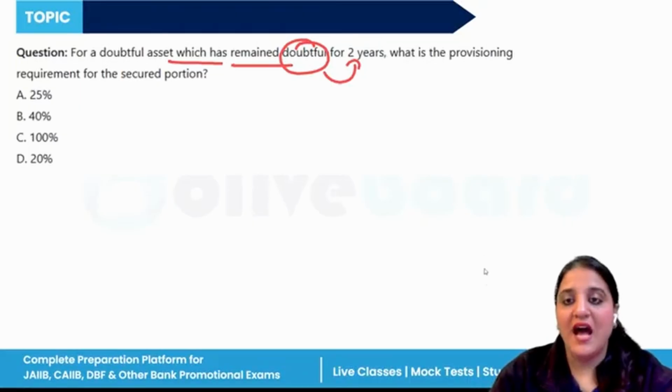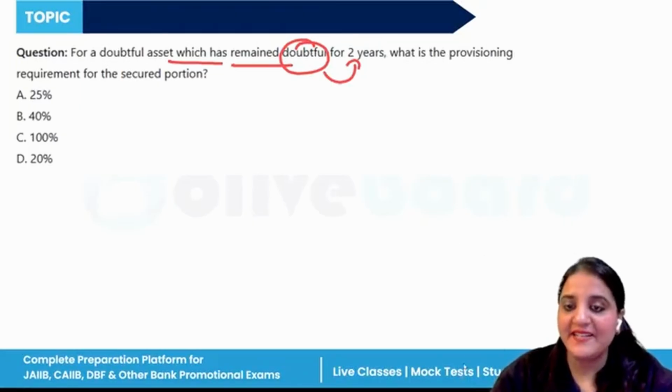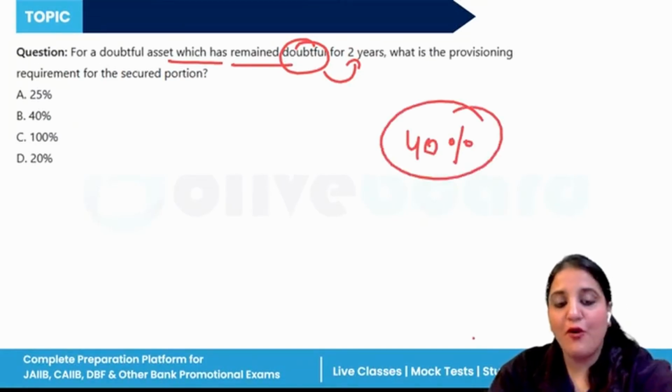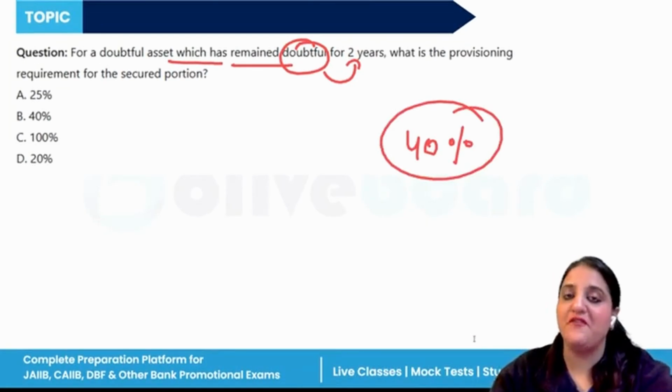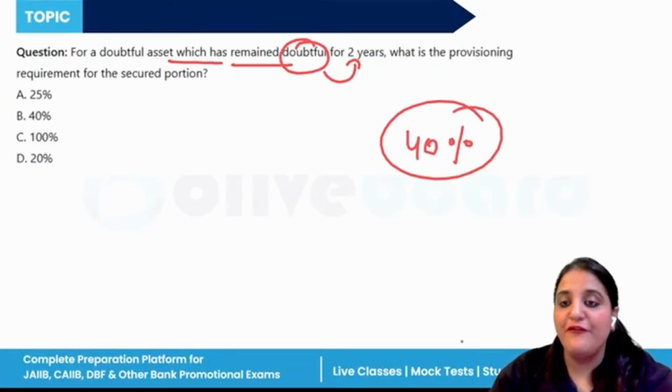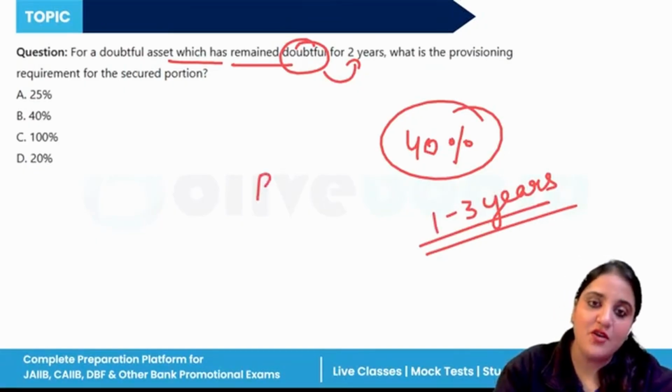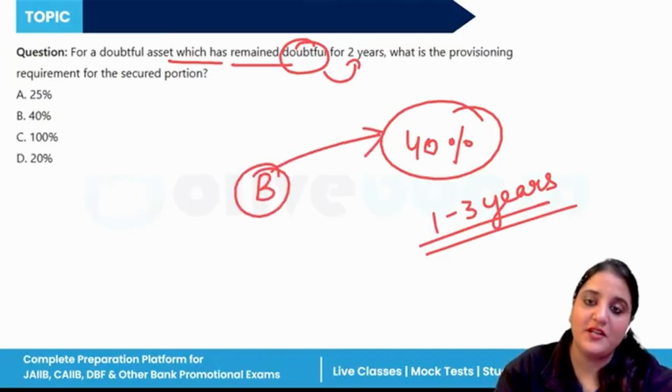RBI mandates 40% provision for the secured portion of doubtful assets which have been in the doubtful category for 1 to 3 years. So the answer is option B, that is 40%.